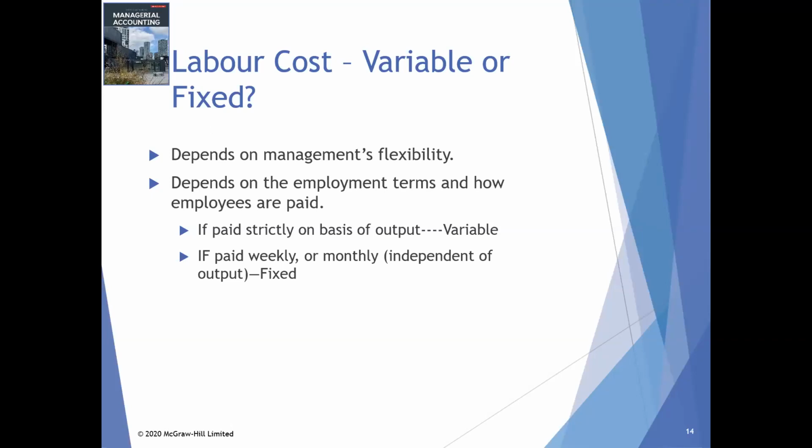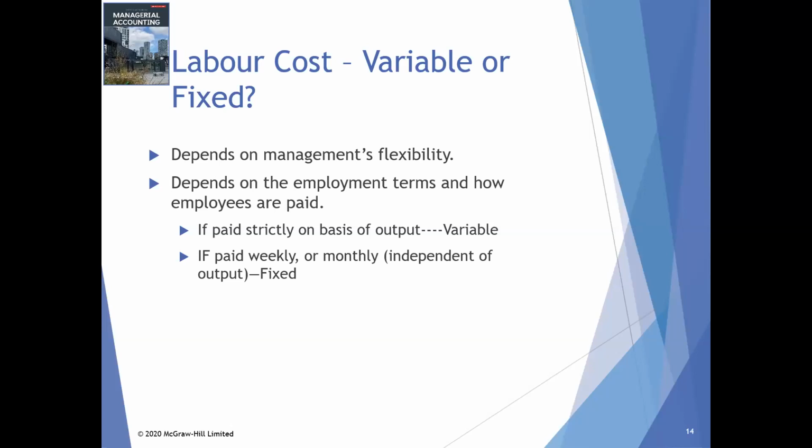If that employee increases the output from 10 to 100, 100 into $2 is $200. If again the efficient and experienced employee has the capacity to produce 300 or 400 units in a day, 400 into 2, $800 will be given to him or her.